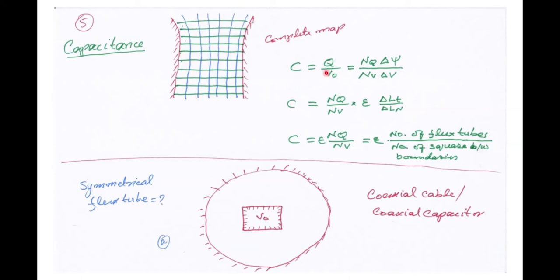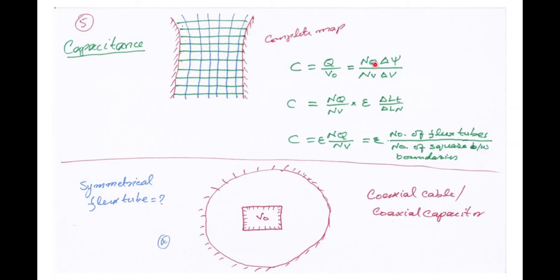So C in this case, as we know, the capacitance is defined as the constant ratio between charge to potential. As you know, there are, for example, NQ flux tubes. For example, 1, 2, 3, 4, 5, 6, 7, 8, 9. In all these flux tubes, delta psi coulomb flux is originated from the left conducting boundary and terminated on the right conducting boundary.